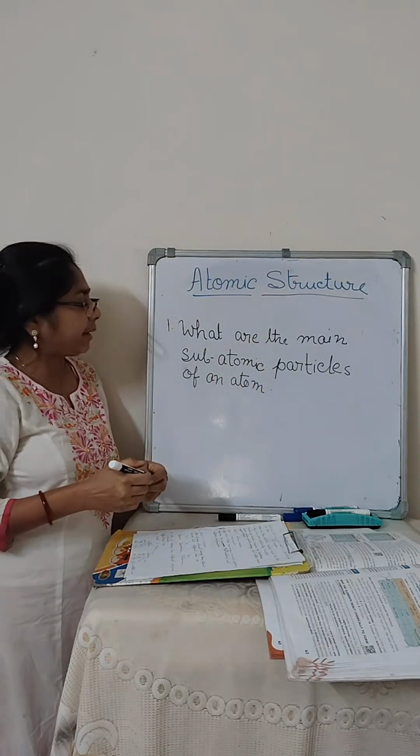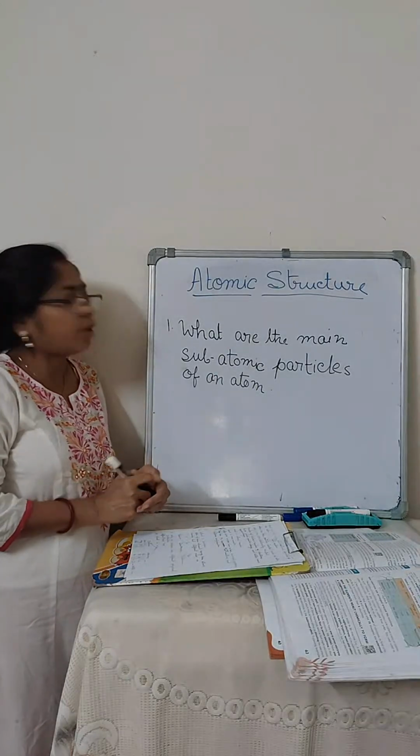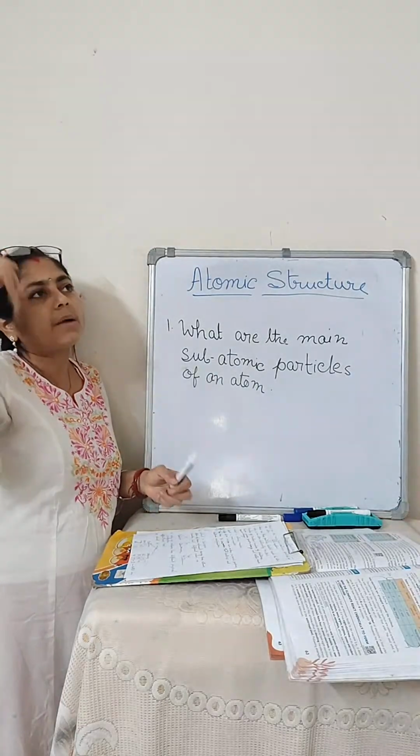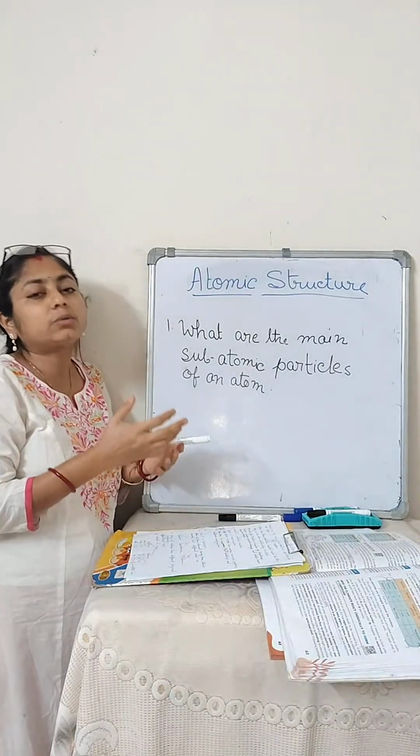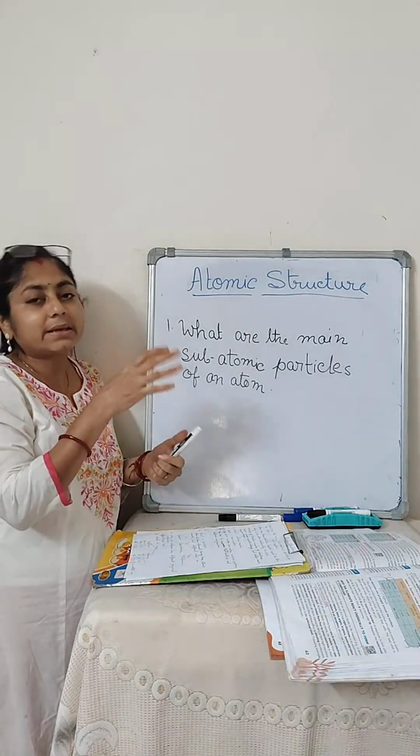What are the main subatomic particles of an atom? इसका मीनिंग क्या है? एटम में क्या क्या है? What particles are present in the atom?